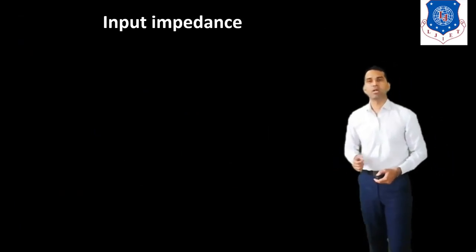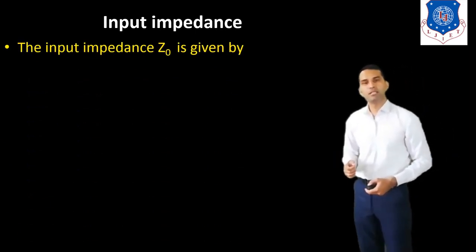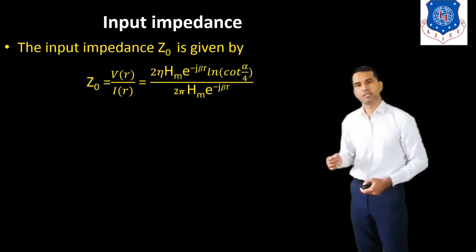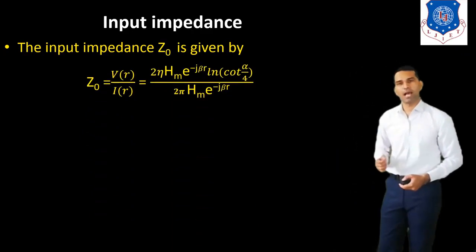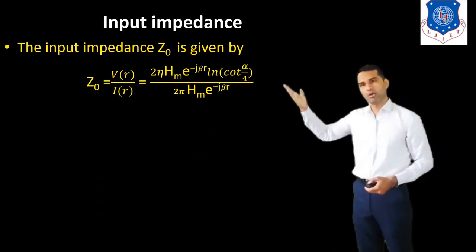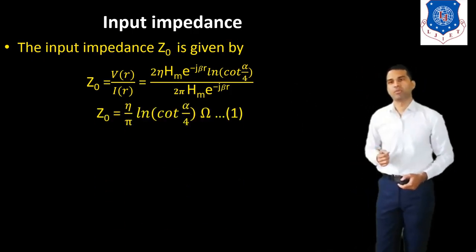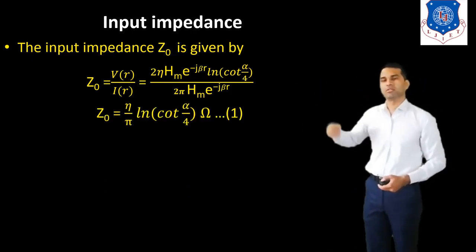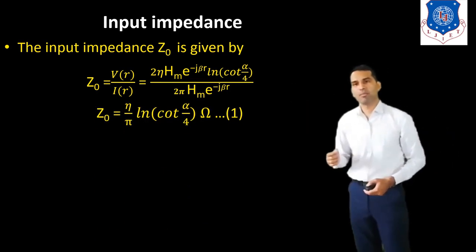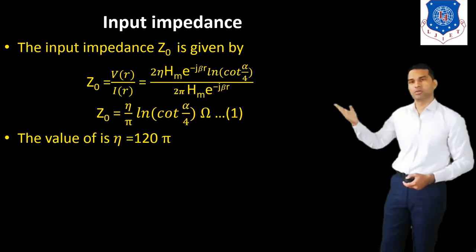Now we discuss the input impedance. The input impedance Z0 is given by V by I. We know that, so here we have V(r) upon I(r), and we have the values for V and I, so we simply put those values in. Now we simplify this. So we get Z0 equals eta by pi ln cot alpha by 4, and the unit is ohm.